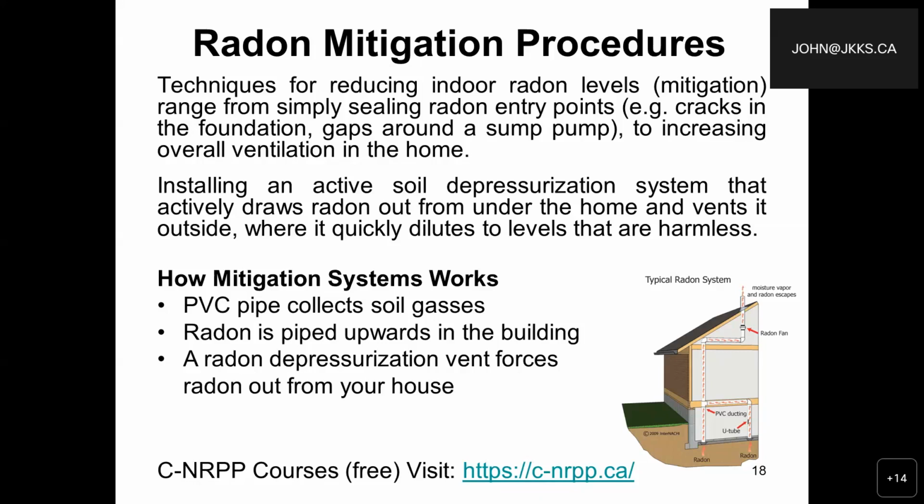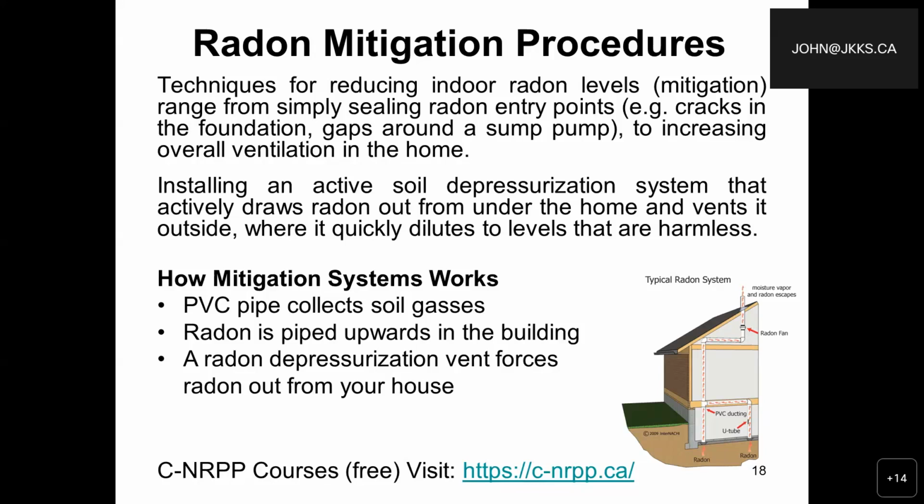So this is how we can deal with radon. Sub-slab depressurization is the most effective and reliable reduction technique. It's also the most common method used by CNRPP certified professionals. Again, just a quick plug, there's a little bit of information for follow-up at the bottom of the slide.